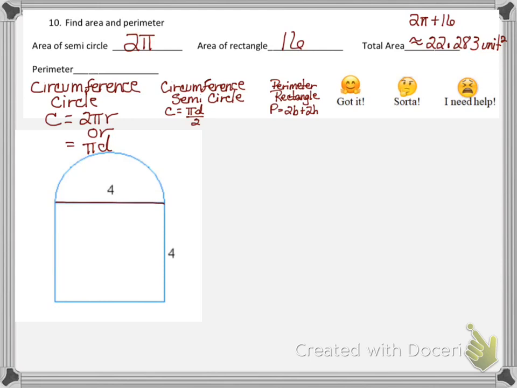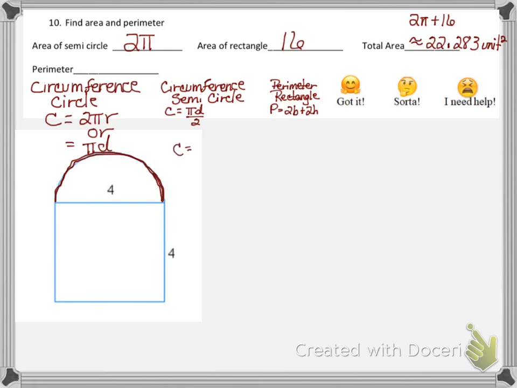All right? But we have to figure out the circumference of the semicircle. So the only thing that we're interested in is finding just this edge. It's like we're putting a fence just right here, and that's it. Well, it's half a circle, so we have to divide it by 2. So let's look at finding the circumference here.